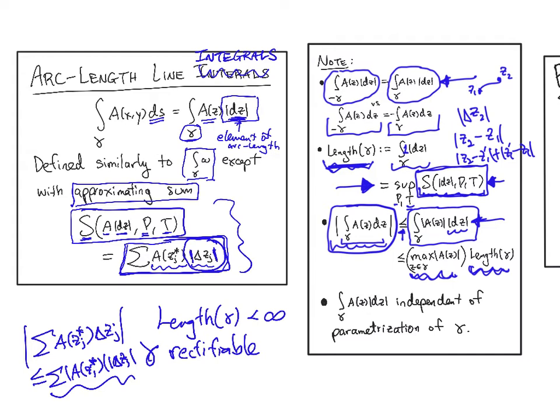We also have from our definition that our arc length line integrals are independent of the parameterization of gamma, because it just depends on the points that we're picking.